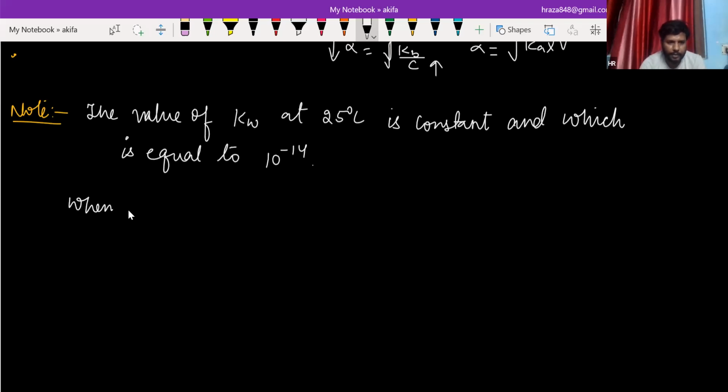But when temperature increases, the value of Kw also increases.